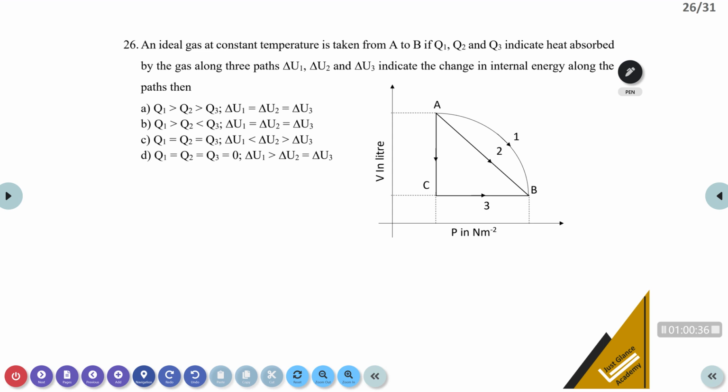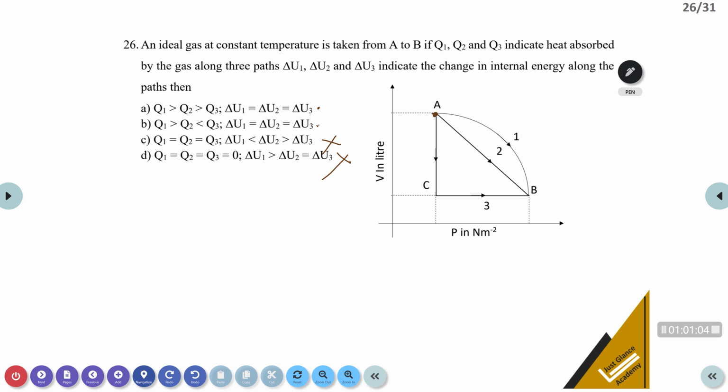Say, students, here the initial point and final point are the same. Initial state and final states are the same for all the three paths, 1, 2 and 3. So delta U1 equal to delta U2 equal to delta U3. So this is not, this is not. So the choice is either this one or this one, that is either A or B. Now you should identify whether A is right or B is right.